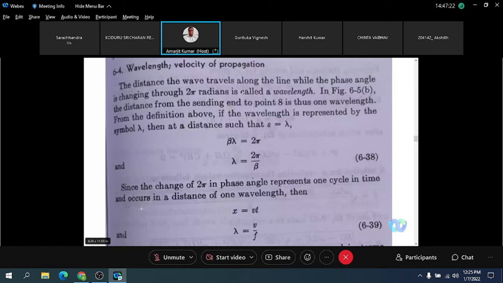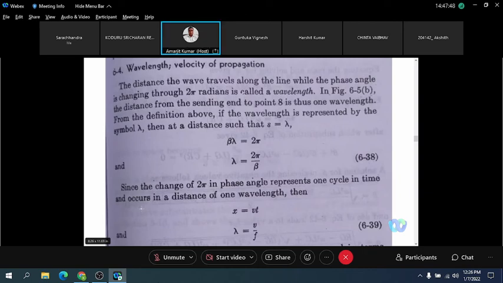So wavelength. How do we define wavelength? The distance that the wave travels along the transmission line when the phase changes through 2 pi radians is defined as wavelength.